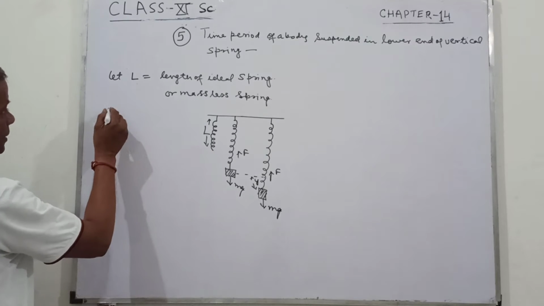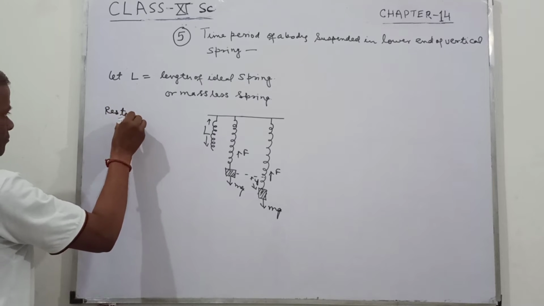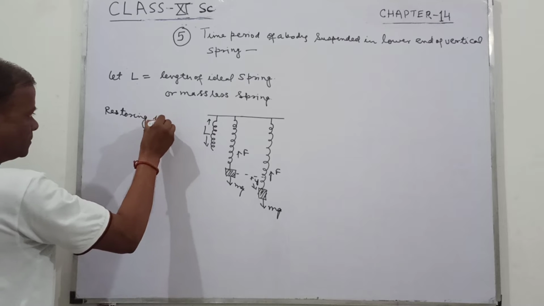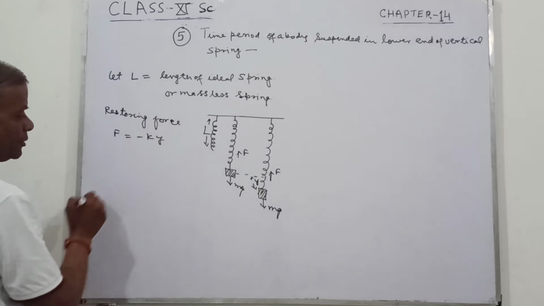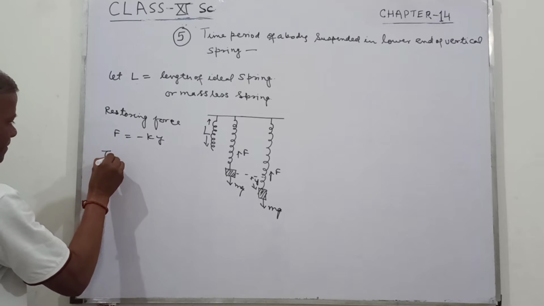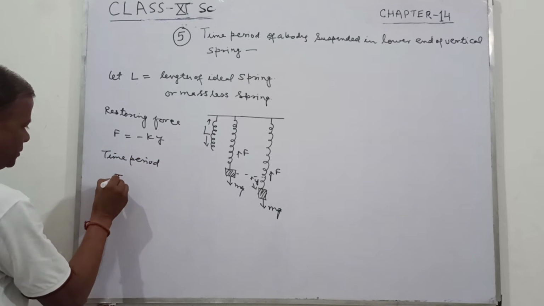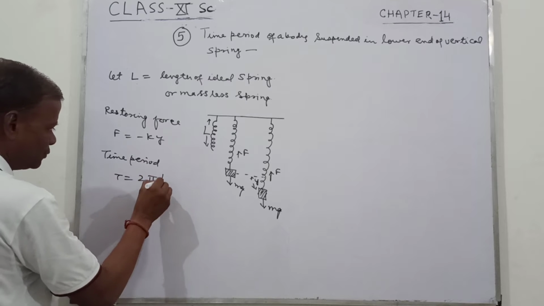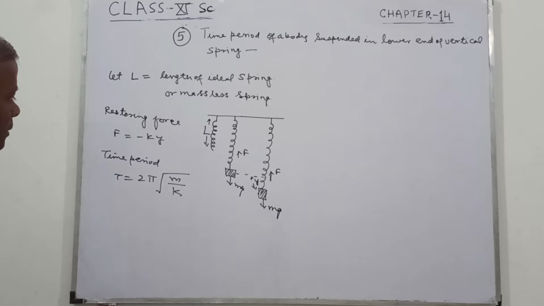So the restoring force F equals minus Ky, and the time period T equals 2 pi square root of m upon k. This is for the single body which is suspended with the vertical spring.